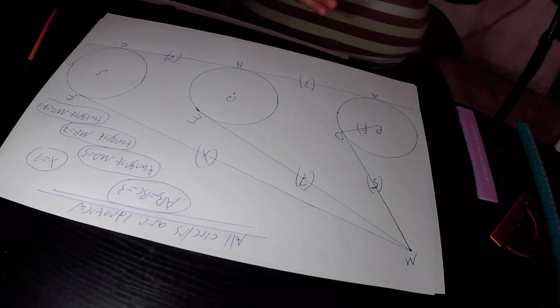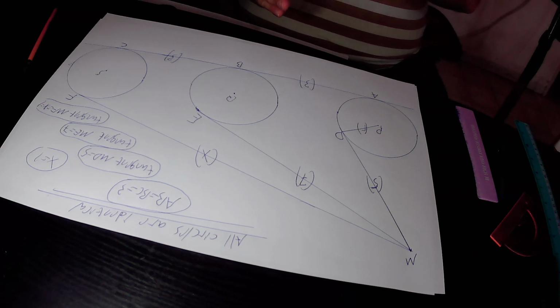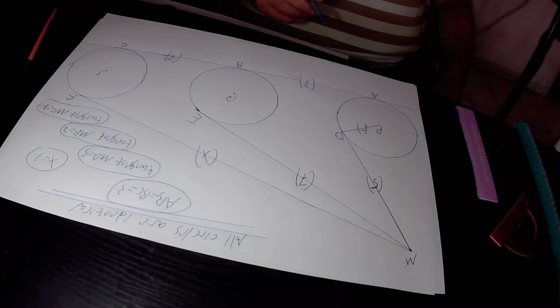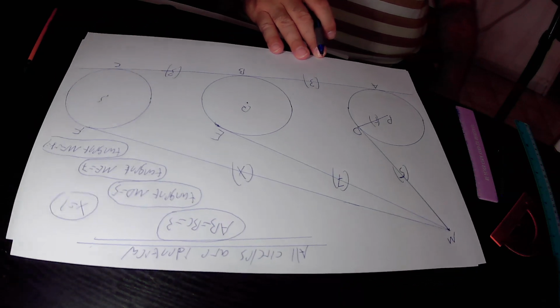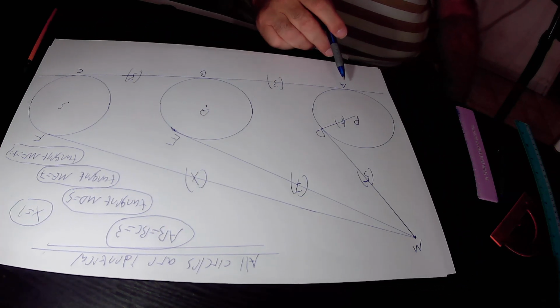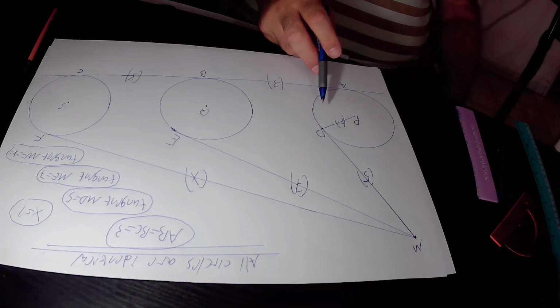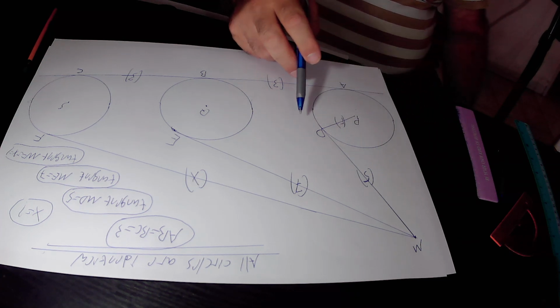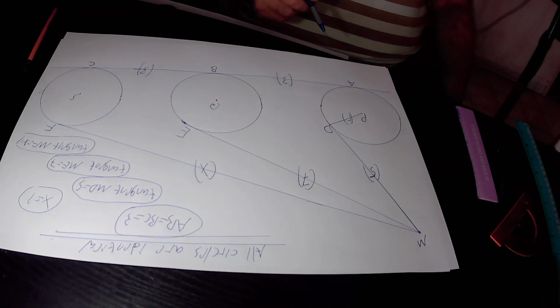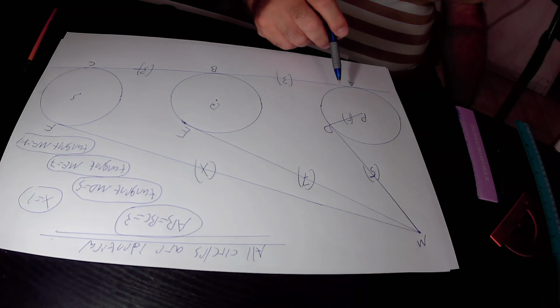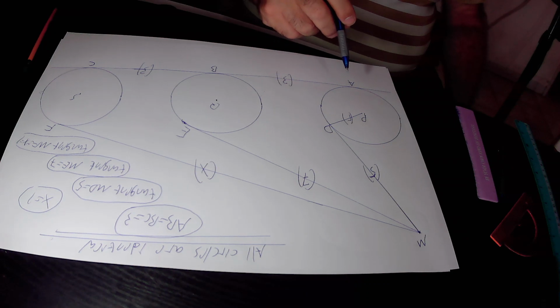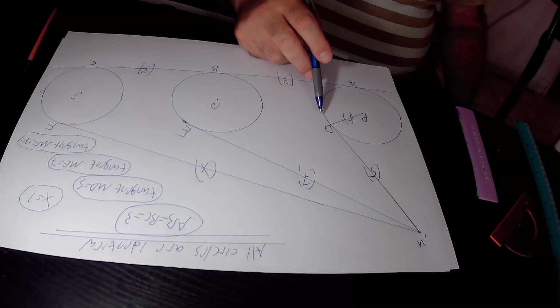Because all those three circles are identical, the radii of the other two circles must also be equal to R. And because the radius PD is drawn to point D, that is the point of tangency of tangent MD with this circle, and whenever a radius is drawn to the point of tangency, the tangent MD will be perpendicular to the radius DP.